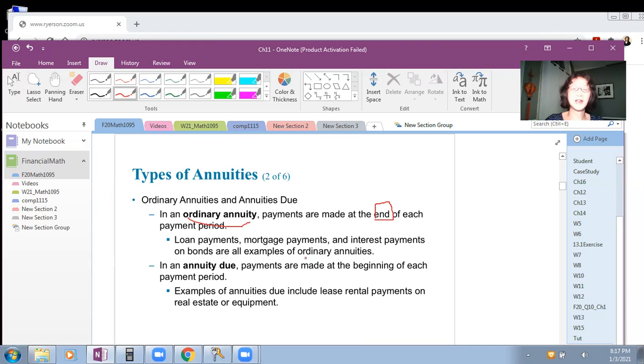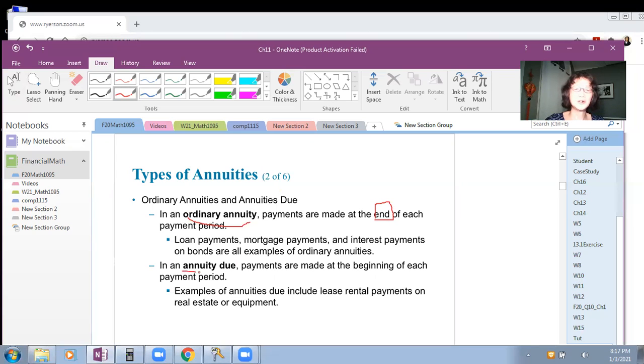Some institutions ask you to pay mortgage on the first day of the month. In that case, that is not ordinary annuity. That is annuity due. If the payment is made on the last day of the month, that is ordinary annuity. It is made at the end of the month.